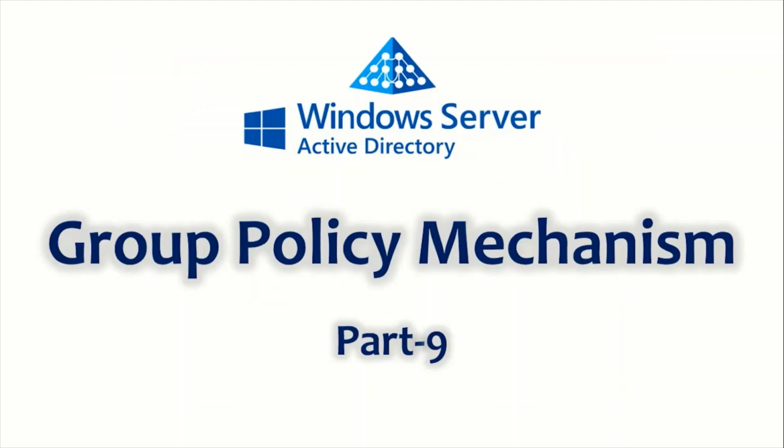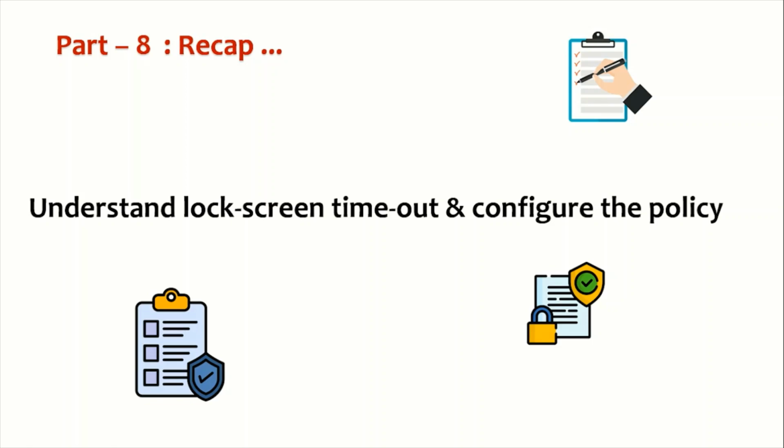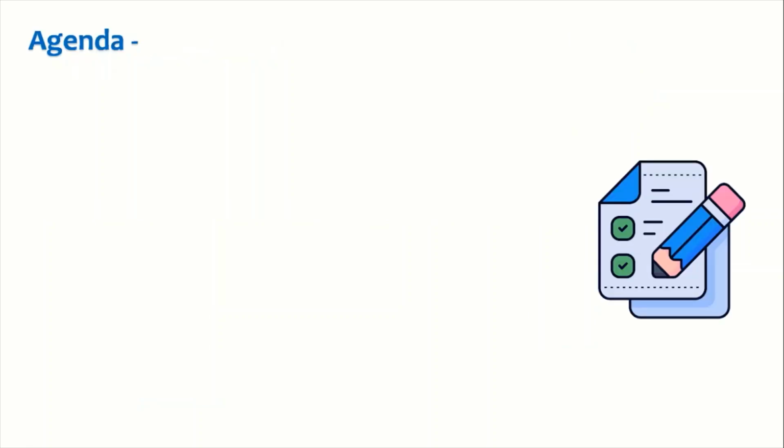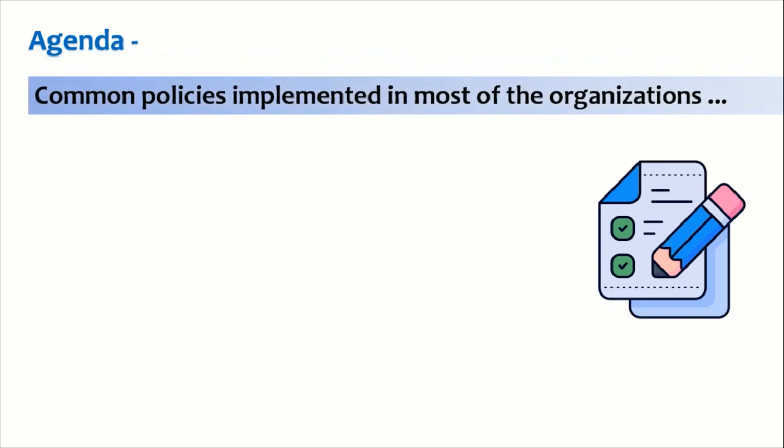Today again we'll be continuing our group policy mechanism, and it will be part 9. In our part 8 we understood the lock screen timeout policy and configured the same. Today in part 9 we'll continue with common policies implemented in most organizations.